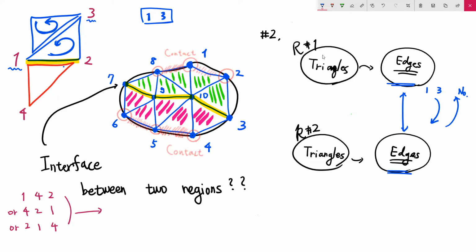However, if it asks 1 2, then what will happen? Do you have 1 2? Yes, I have 1 2. Then yes, this 1 2, the edge connecting vertex number 1 and 2, belongs to the interface.